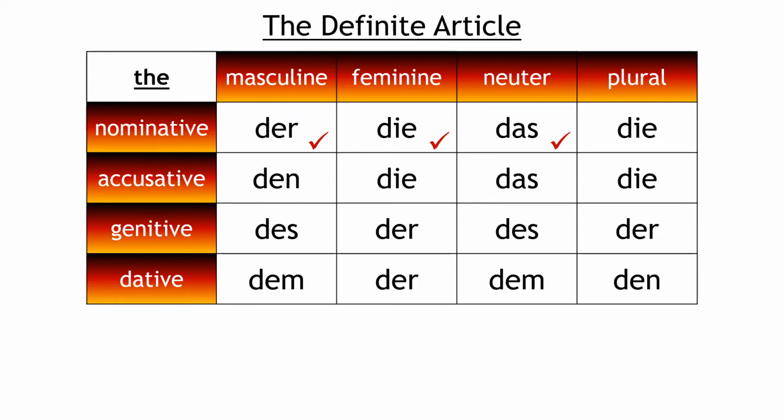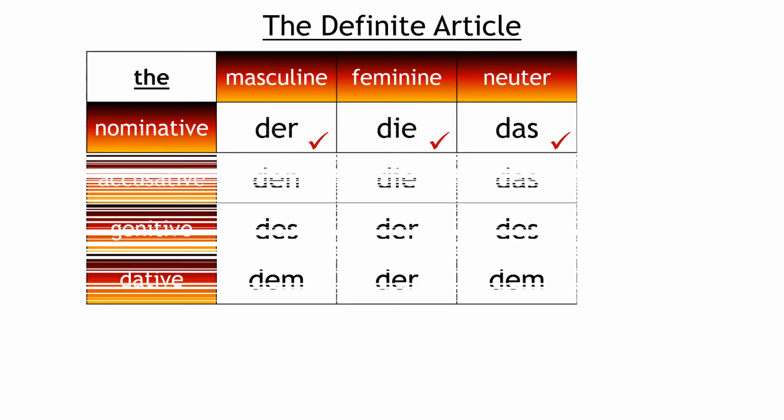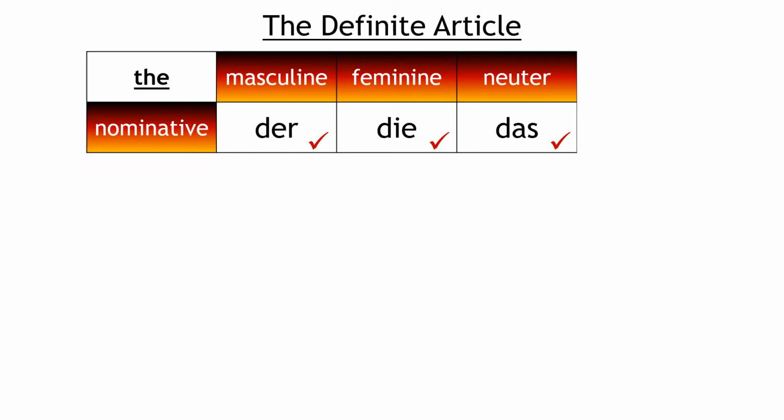There will be no plurals in the lesson, so we can remove the plural column, and there will be no examples of the accusative case, the genitive case or the dative case, so we can remove the bottom 3 rows. And just before we move on, a quick reminder of the pronunciation of each of these. Der, die, das. Der, die, das.